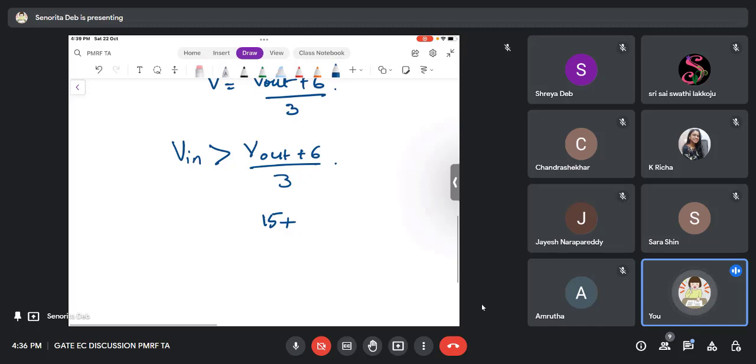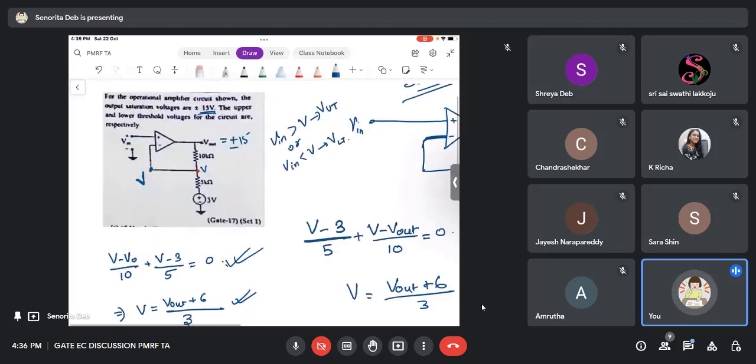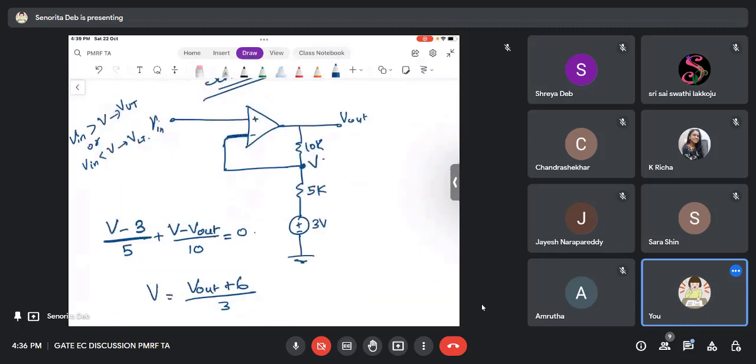I hope you are understanding what I am trying to do here: this circuit is going to make a decision, and Vout is a given saturation value, either plus 15 or minus 15, depending on whether Vin is greater than V or less than V. First I find V in terms of Vout, because this is a voltage divider circuit that they have given.